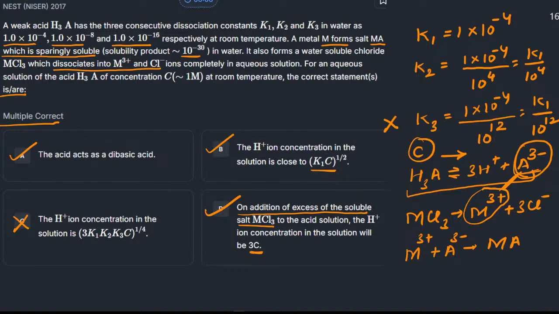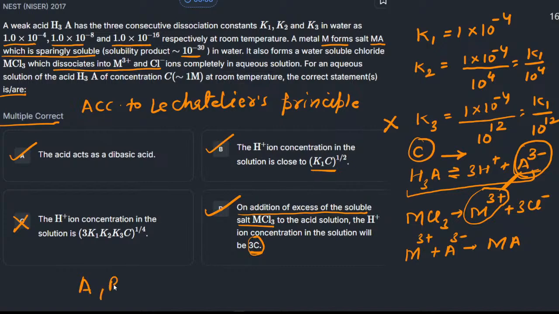So equilibrium shifts forward according to Le Chatelier's principle. And that's why the concentration of H plus at the end becomes equal to 3C. So A, B and D are correct.